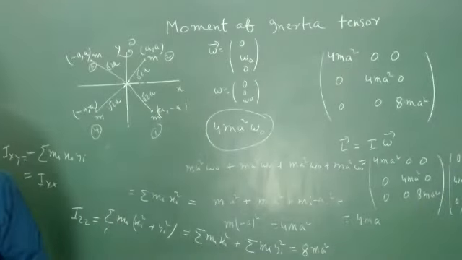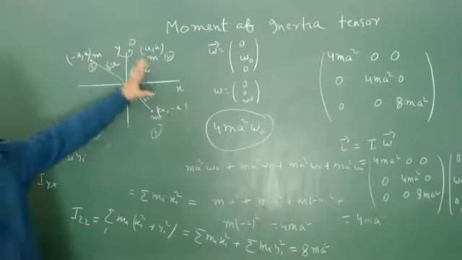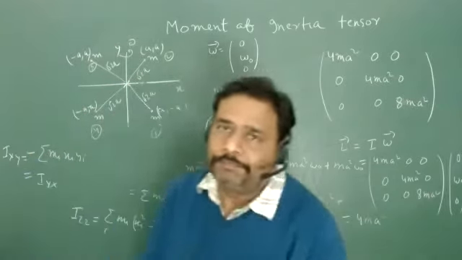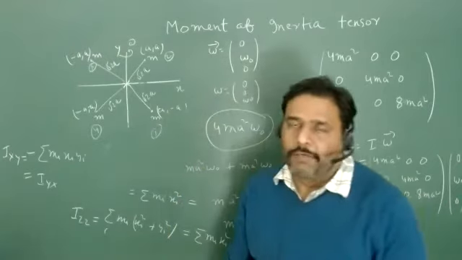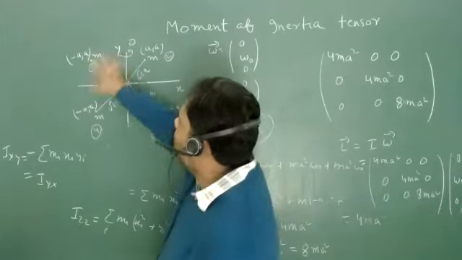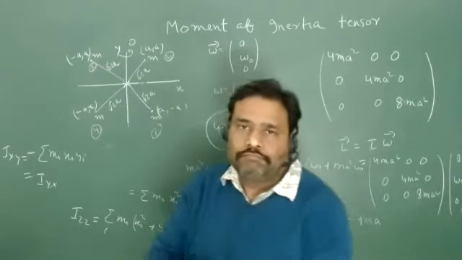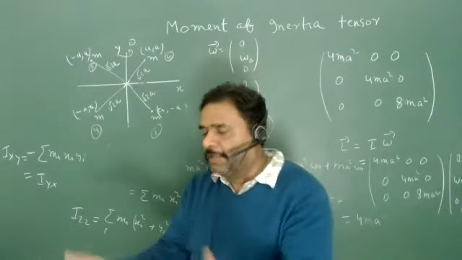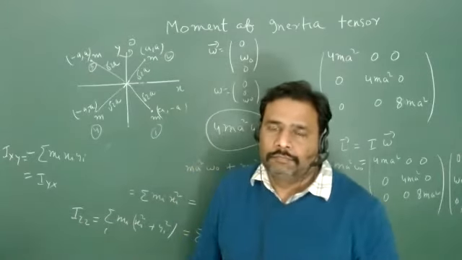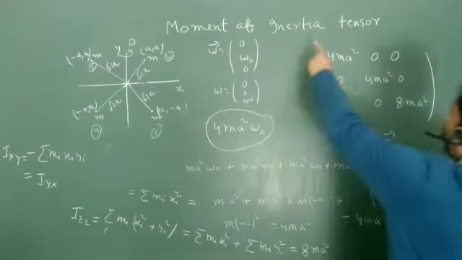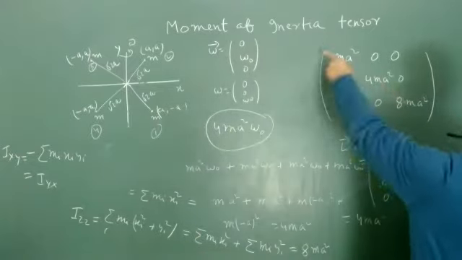Now you are very lucky that this is a typical symmetric problem. Why? Because if you change one mass to another mass, there is not any problem. The system will remain the same, and hence your moment of inertia matrix is diagonal.